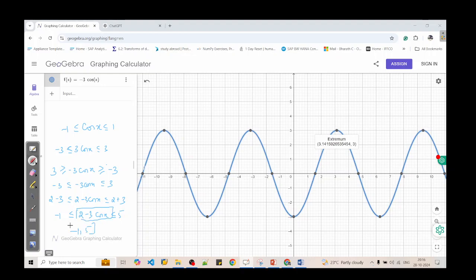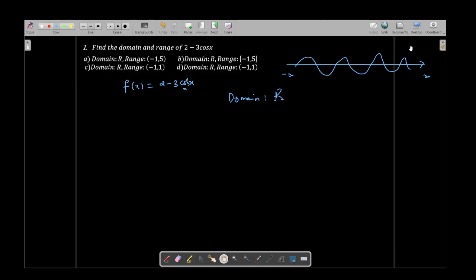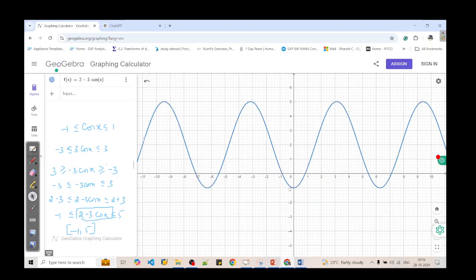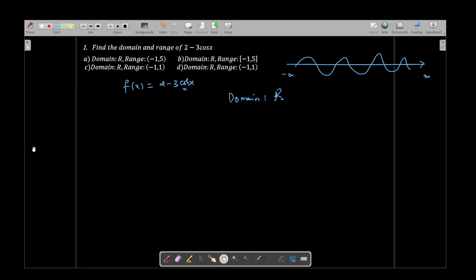You can see on the graph that the minimum value is minus 1 and the maximum value is 5. This is how we find the range of functions like this.